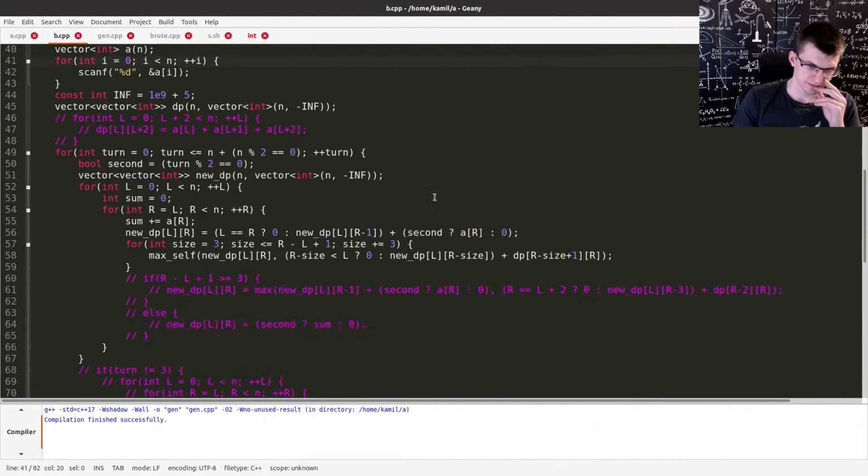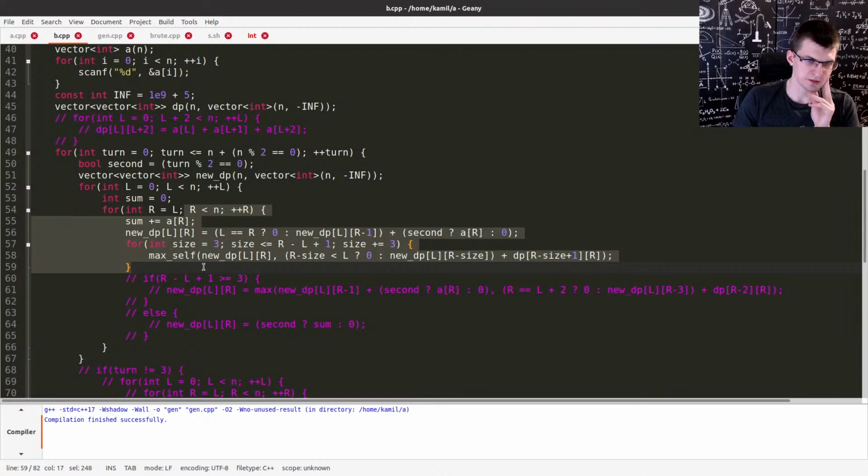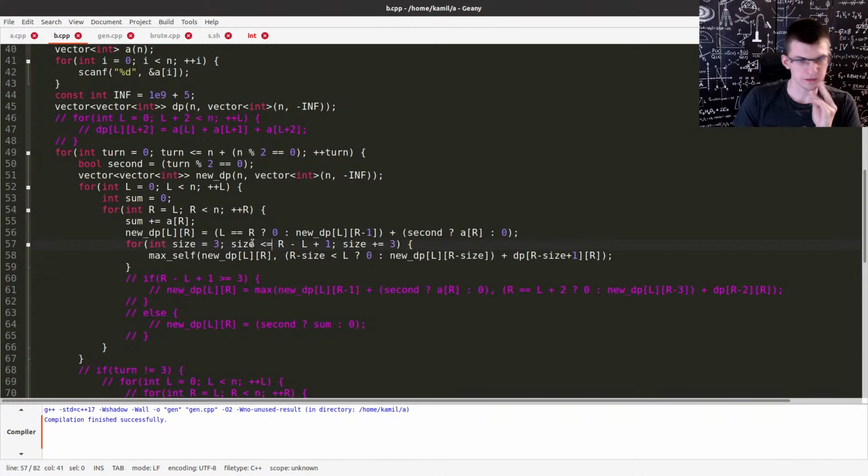If this is correct, then I would need to improve this DP to be quadratic instead of cubic. What about... I don't know how. What now, chat? Any ideas?